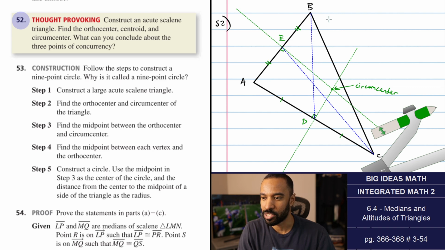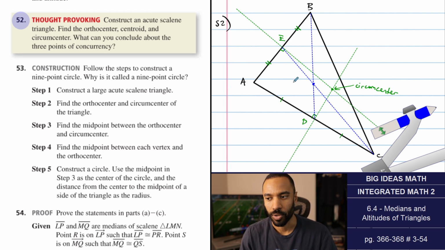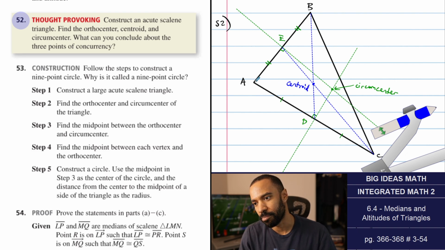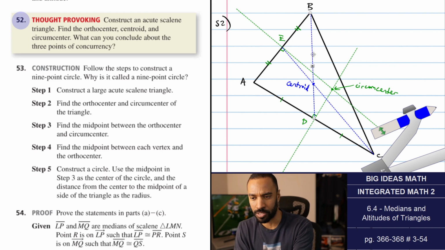Where those two medians meet are the centroid. I'm looking at something and wondering if this is going to be true. What I'm wondering is if all these points are on the same line with A? No, it doesn't really look like it is. Okay, now I can erase those ones.